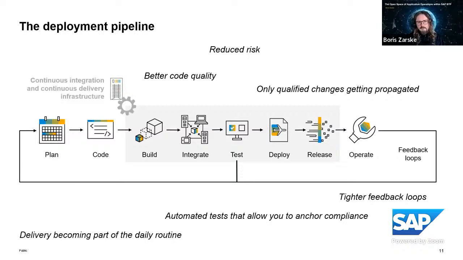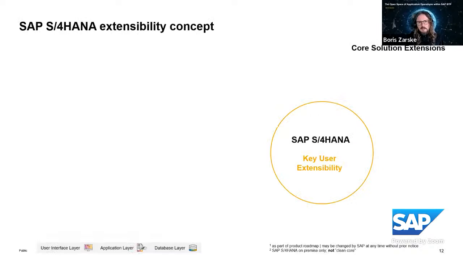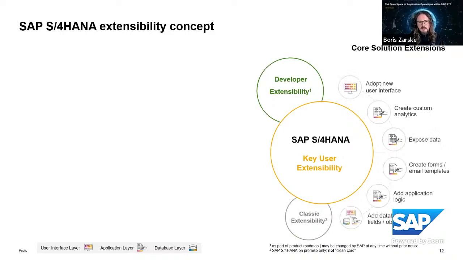And when we now take a look at the SAP environment, I typically use this overview slide of the extensibility concept for SAP S/4HANA, where we see we still have key user extensibility where you can come up with custom fields. We have, for a certain period of time, also classical extensibility, like we did it in the past, where you have ABAP development as well. Nevertheless, we want to reduce that over time.